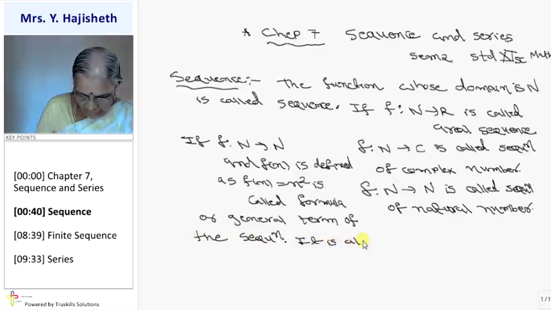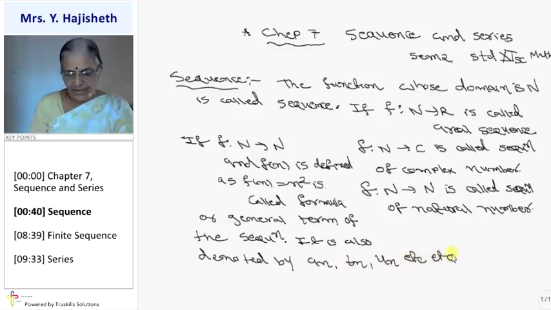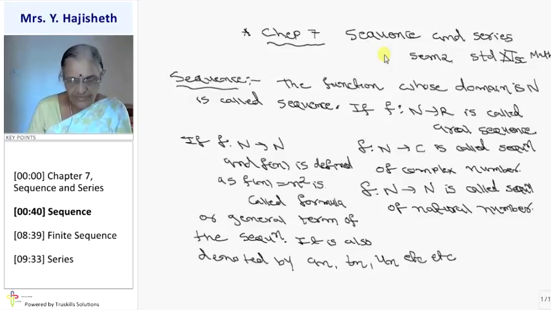It is also denoted by An or Tn or Un, etc. Not only f(n). So the terms of the sequence are denoted by An, Un or Tn.